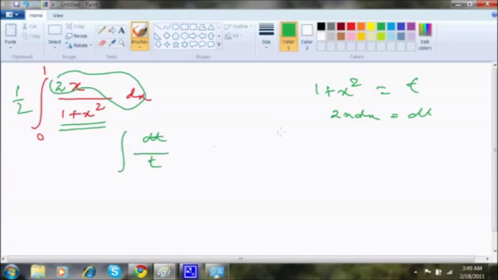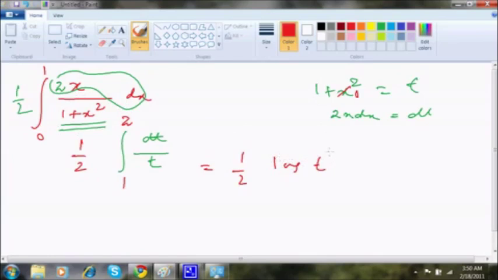So when x is 0, 1 plus 0 squared is t, which is 1. When x is 1, this is 1 plus 1 squared, which is 2. There's a 1 by 2 here. dt by t is log t. I'm sorry, yes, it's 0 to 1, x by (1 plus x²).